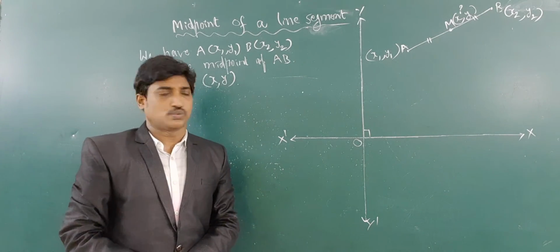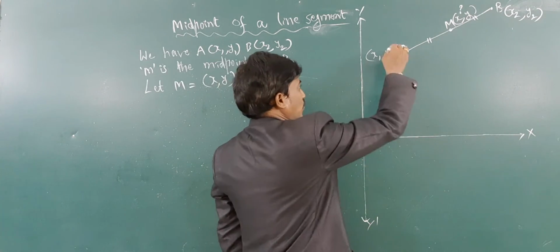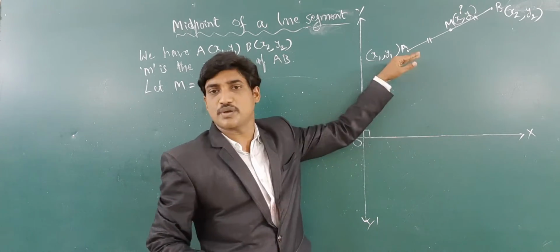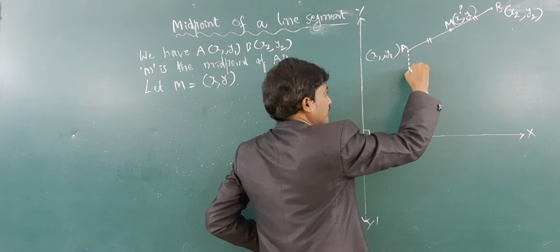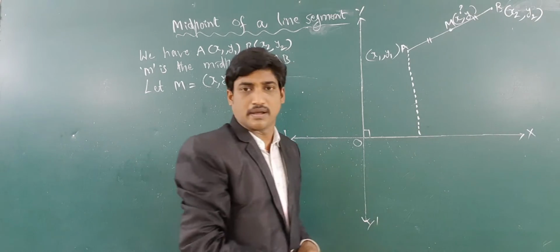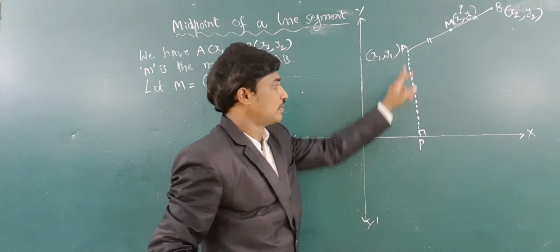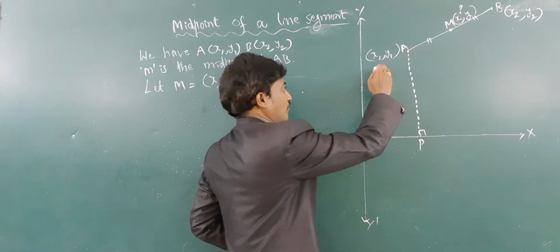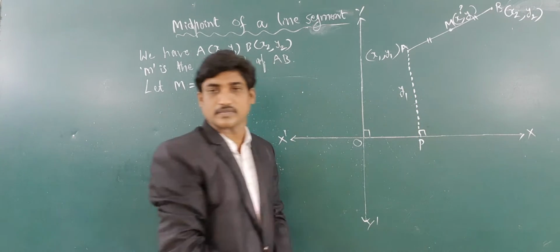Now let us do a small construction. The y coordinate is nothing but the perpendicular distance from the x-axis to a point. So let me draw AP perpendicular to the x-axis. That is the y coordinate, so AP length is y1.